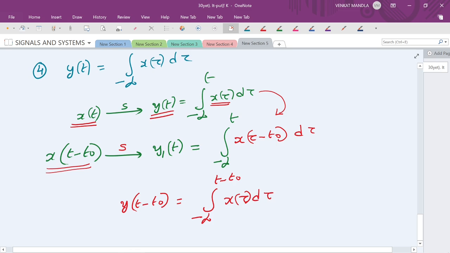These are dummy variables, not t. After integration you won't get a function in terms of tau. These are just dummy variables; you can put any variable in place of tau.